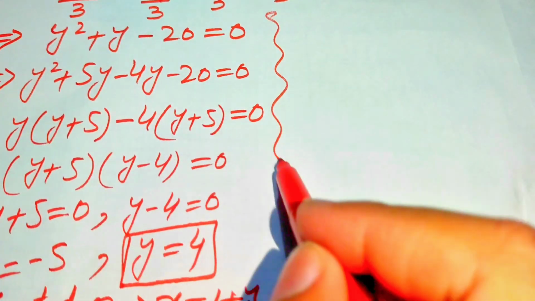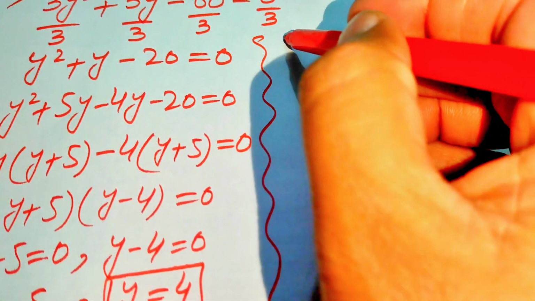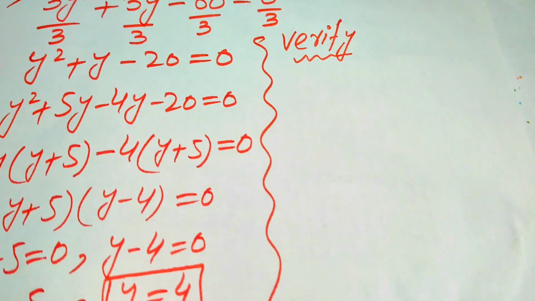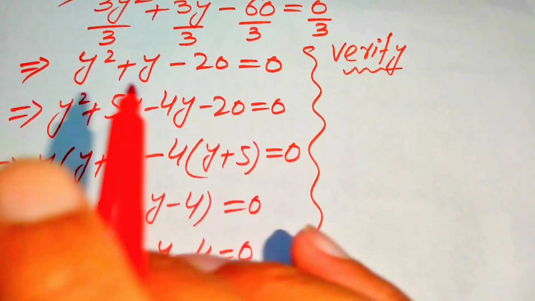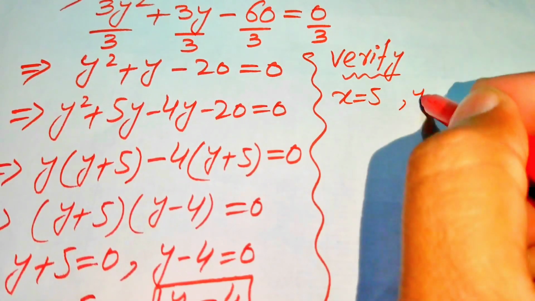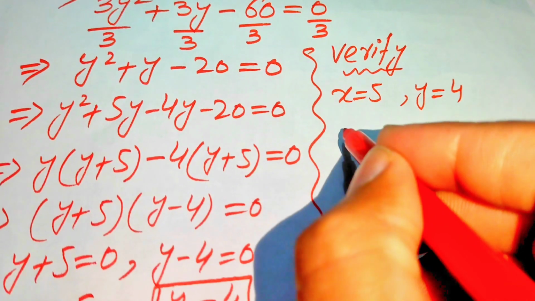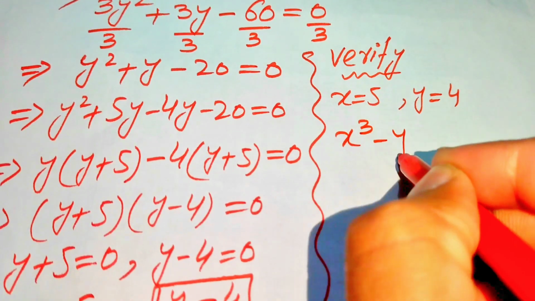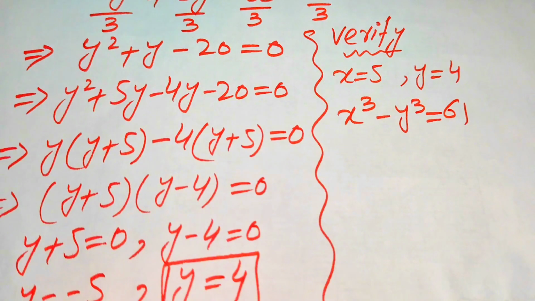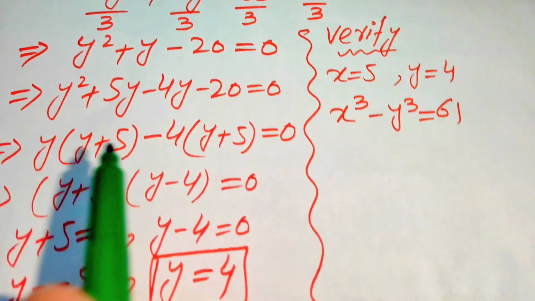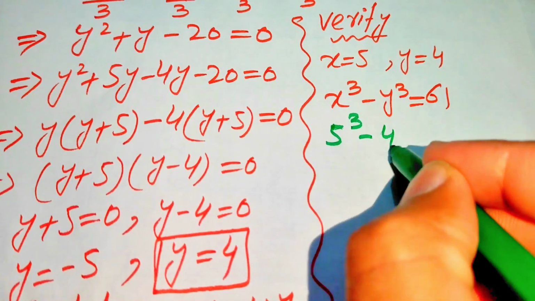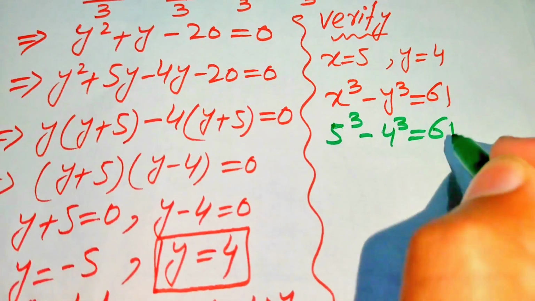Now we verify these values: do they satisfy the given question statement or not? We have x is 5 and y is 4, and we copy down the given statement, x cubed minus y cubed equals 61. Substituting the values of x and y, we obtain 5 cubed minus 4 cubed equals 61.